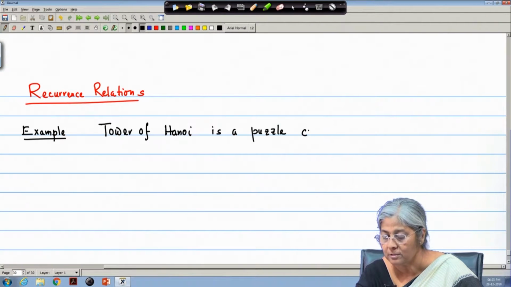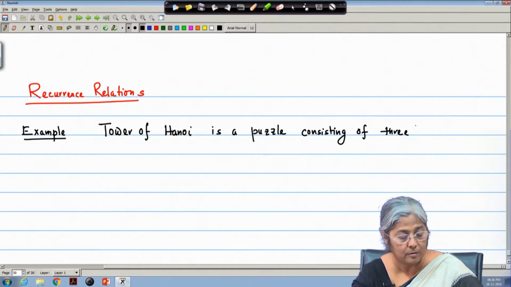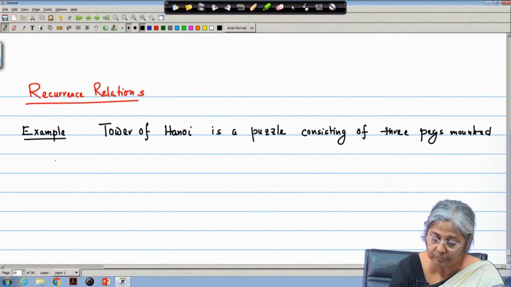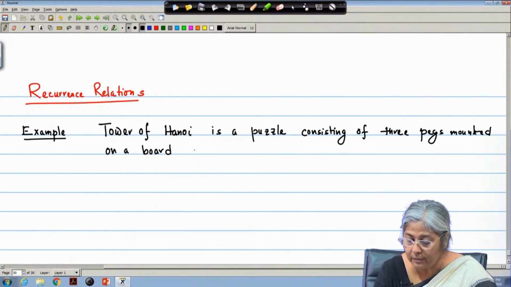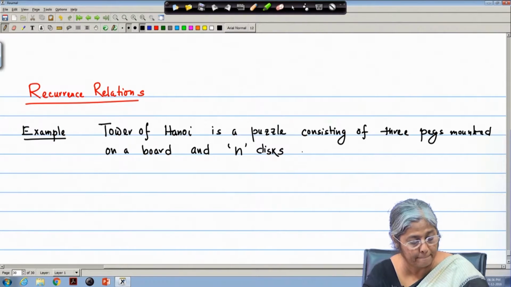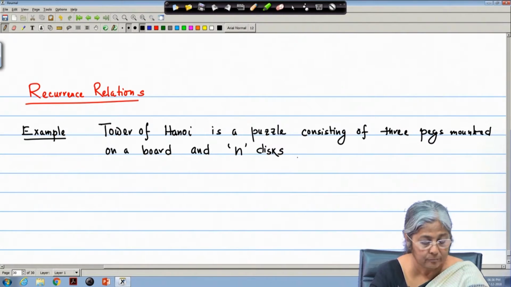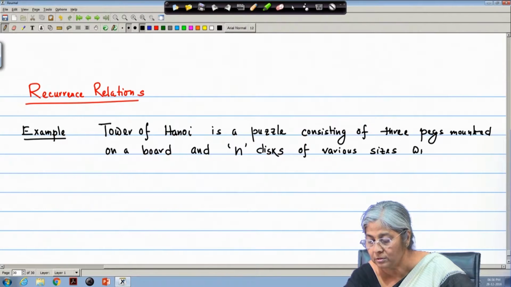It is a puzzle consisting of three pegs mounted on a board, and n number of discs of different sizes with holes in the center.